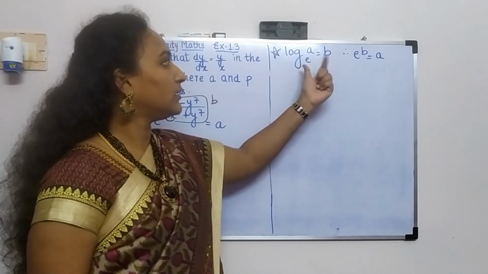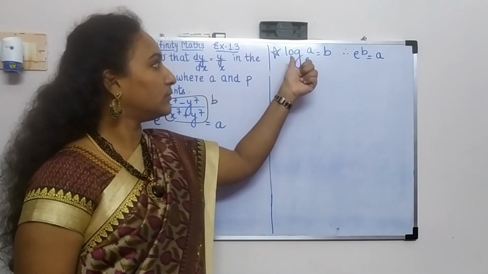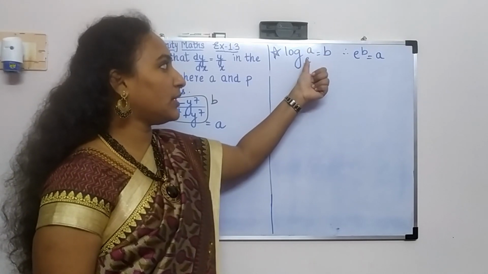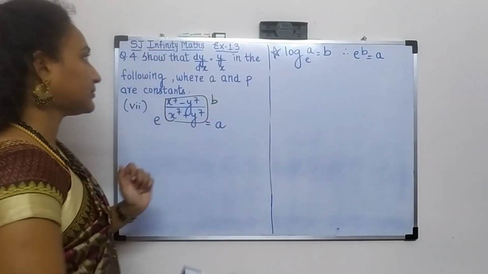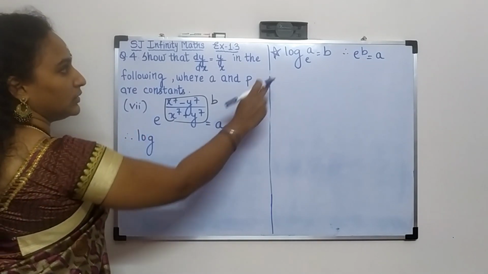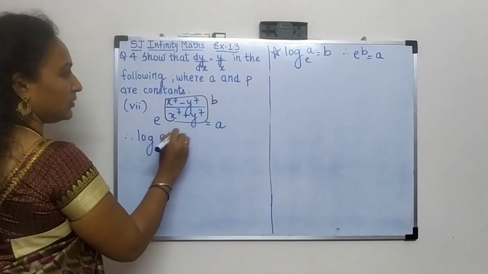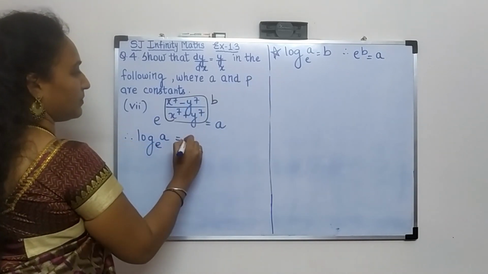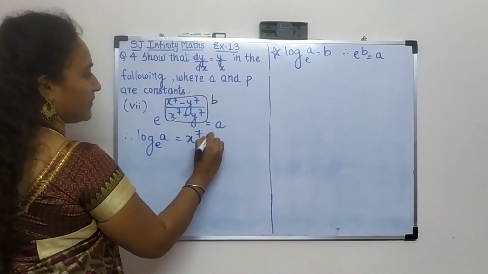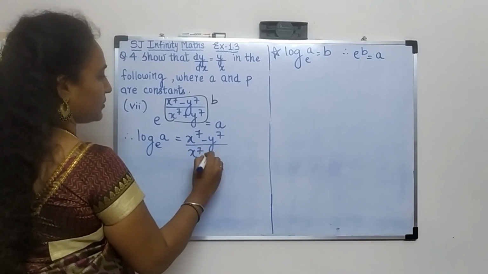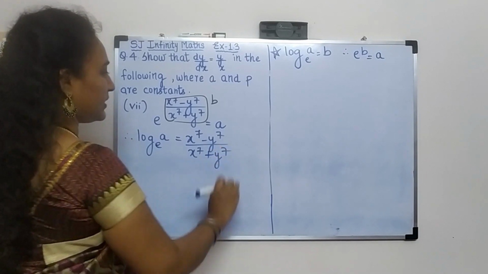This can be converted into log by taking log a to the base e is equal to b. Therefore, we have log a to the base e is equal to b. This is your b, x raised to 7 minus y raised to 7 upon x raised to 7 plus y raised to 7.